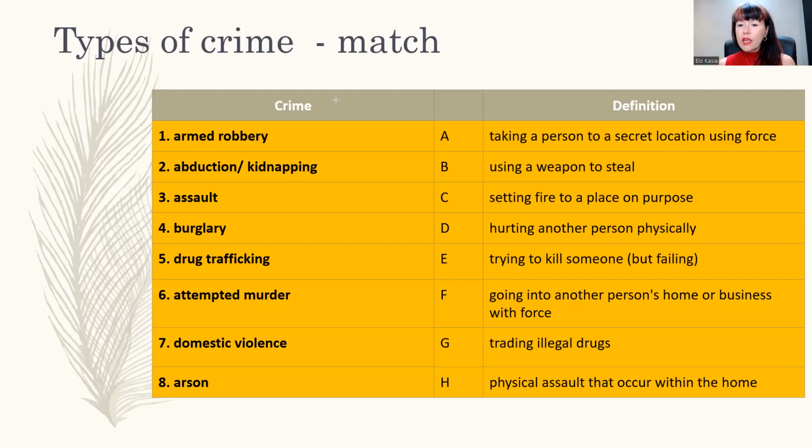Armed robbery. What is armed robbery? Armed means having a gun on you. To be armed means that you have a gun on you, okay? So armed robbery, of course, this is going into another person's home or business with force, right?